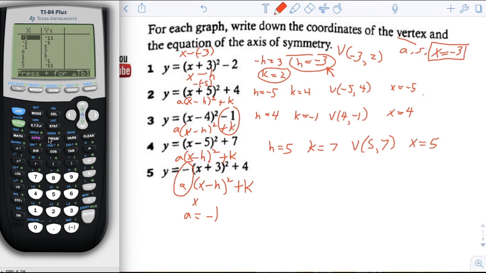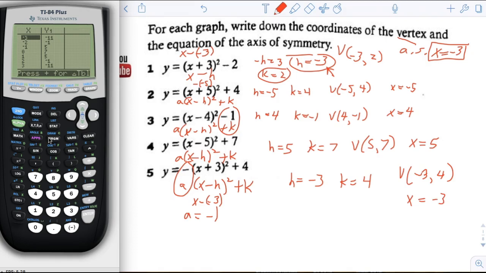But remember, x plus 3 is the same thing as x minus -3. So the h value in this case is actually -3, and the k value is equal to 4. So the vertex is going to be -3, 4. And the axis of symmetry is -3, right?